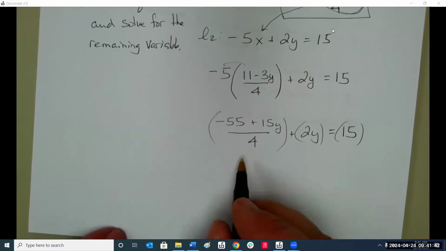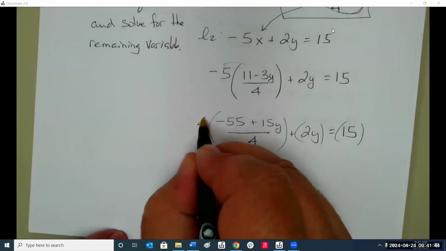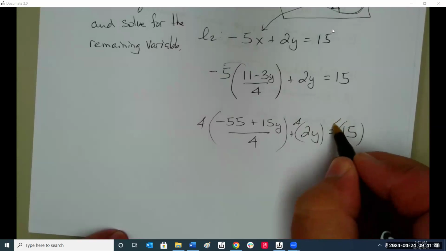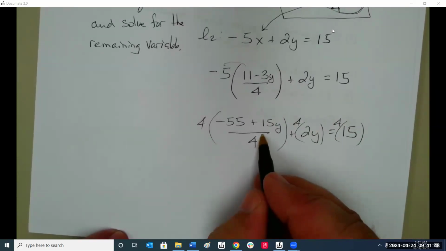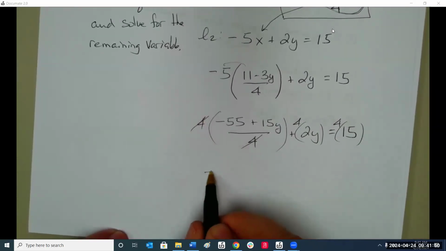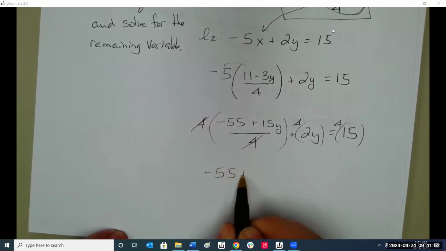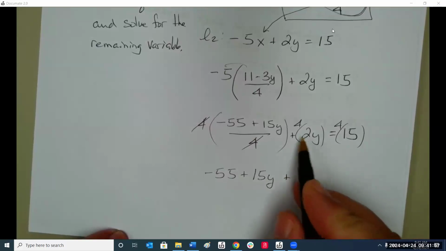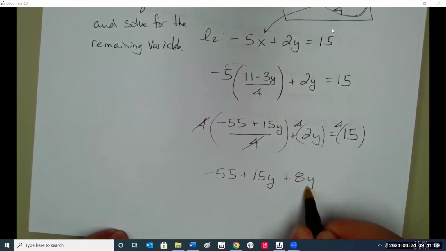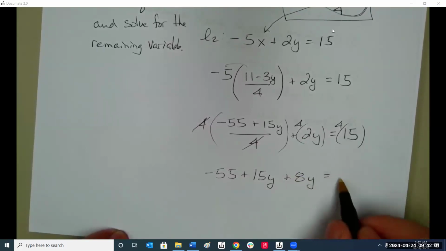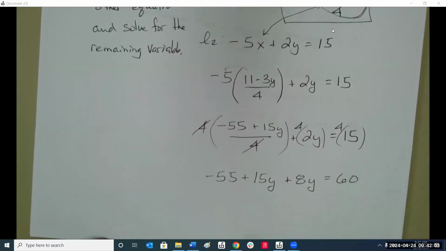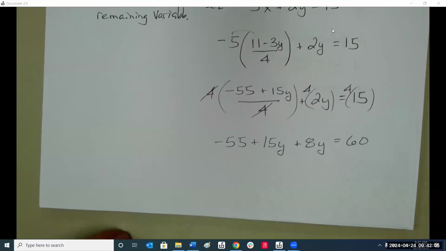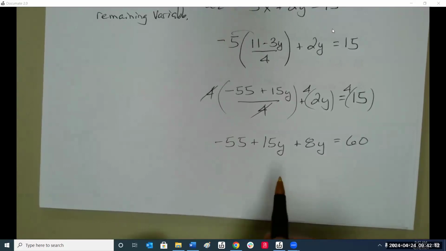So the LCD is 4. Multiply each term by 4. Those cancel, so we have negative 55 plus 15y. 4 times 2 is 8y. 4 times 15 is 60. Combine like terms and solve for y.